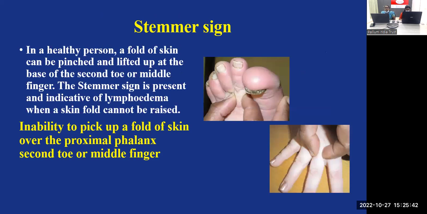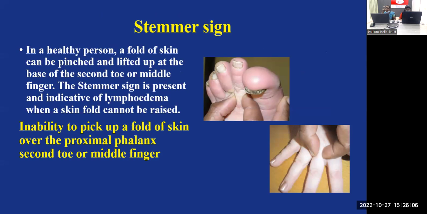So next is Stemmer sign. This is one sign which you see in lymphedema patients. In a healthy person, you can fold the skin of the second toe, or for the upper limbs, you can lift up a fold of skin on the middle finger.